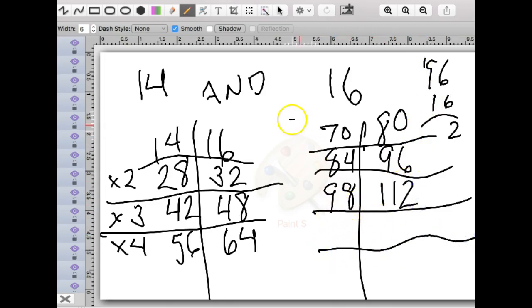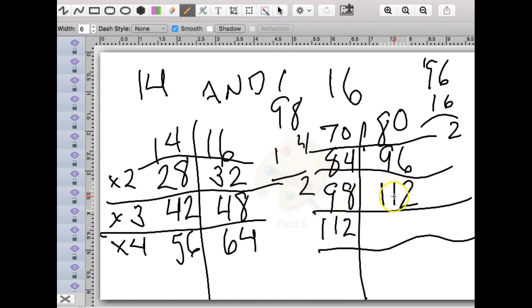And 98 plus 14 is 112. So our least common multiple, the first one to show up, is 112. That one was hard. All right, so that is least common multiple.